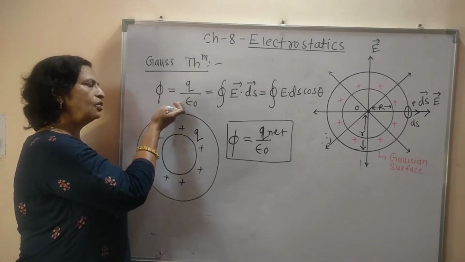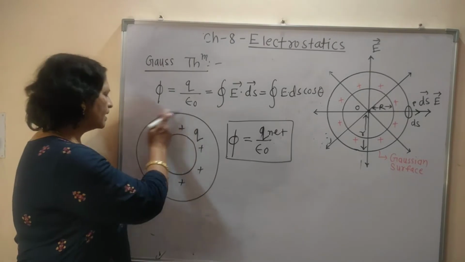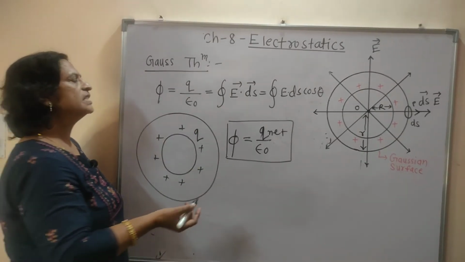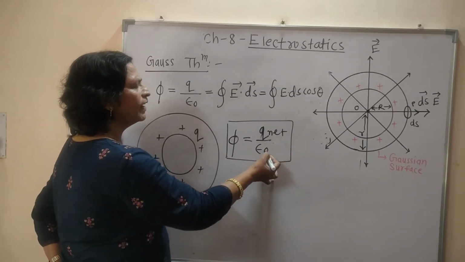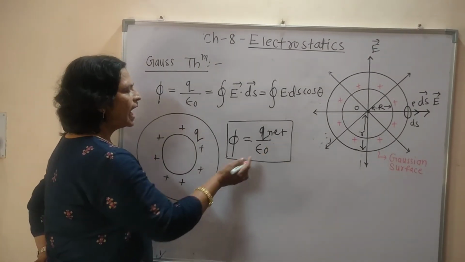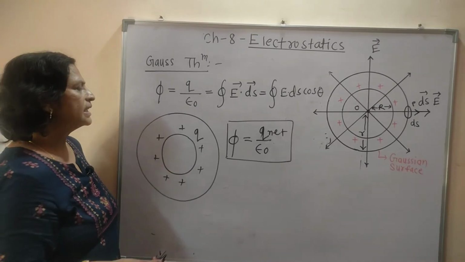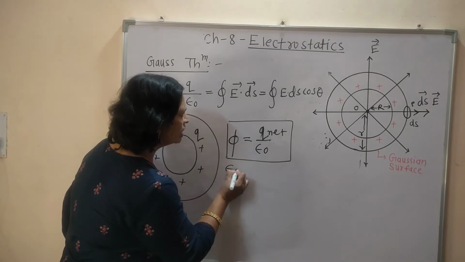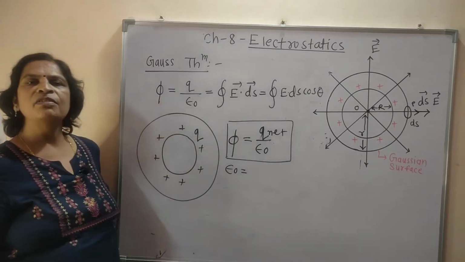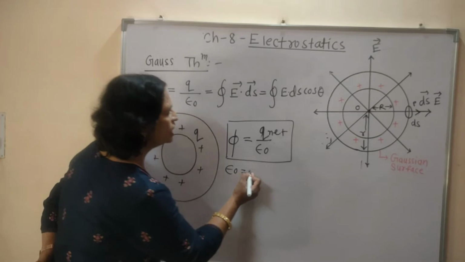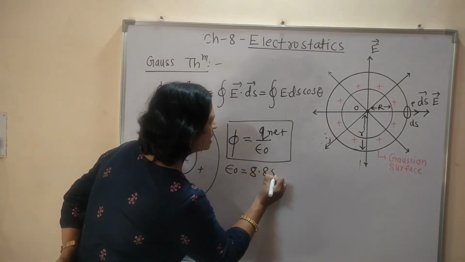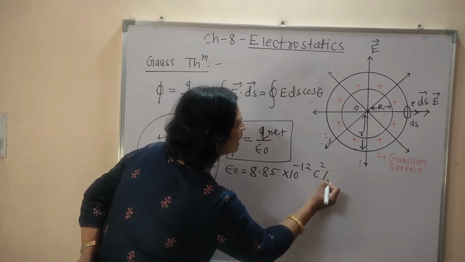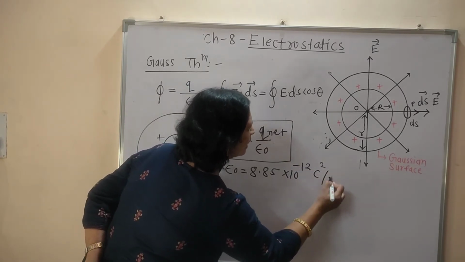I already told you, the total flux over this Gaussian surface is equal to Q net divided by epsilon naught. Epsilon naught is called the permittivity of free space, or the permittivity of a vacuum, and its value is 8.85 into 10 raised to minus 12 coulomb square per newton meter square.